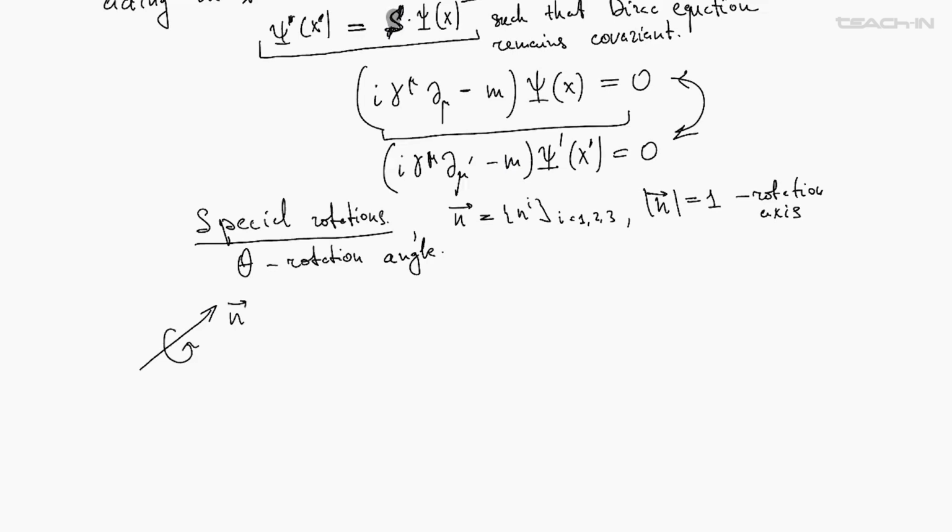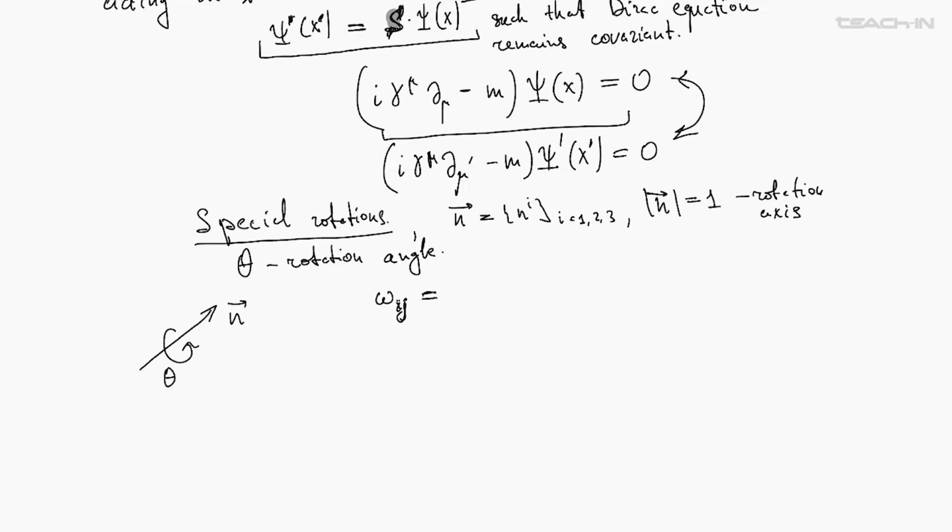Then elements omega_ij, which I need to express through n and theta, are given by the following expression.